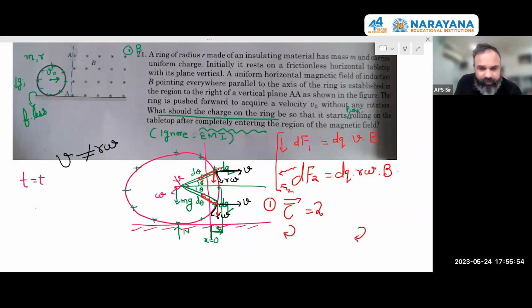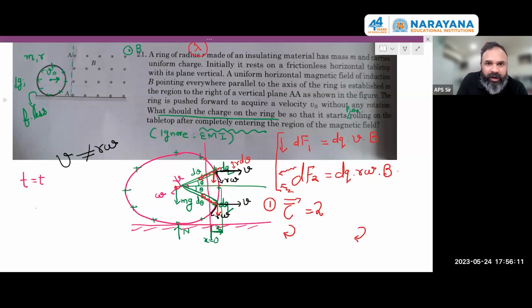Now observe the force which is acting here and try to write the torque because of one of them. If you take theta, d theta, there is a segment which is r d theta, and I'm observing lambda, the charge per unit length, as some constant on this complete ring.